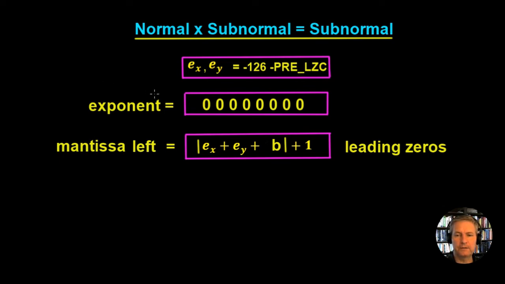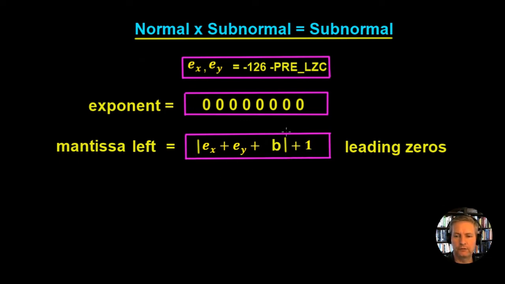Now in order to work out the exponent value, we just force the exponent to be all zeros, so we're left with 8 zeros, which is straightforward. And in the mantissa, we shift the decimal point to the left by a value of our EX plus our EY, our unbiased exponents for X and Y. And remember, one of these has been changed because it's now this value here, plus the bias, which is 127, and then we add on the value of 1.